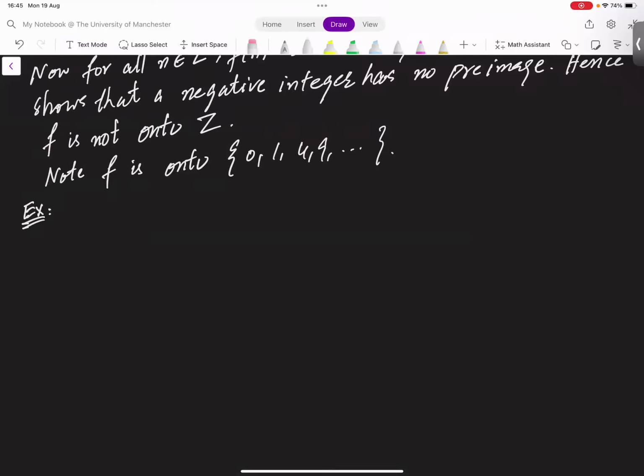The example we will use to talk about the function, its types onto and one-to-one. So let's say we have a function.